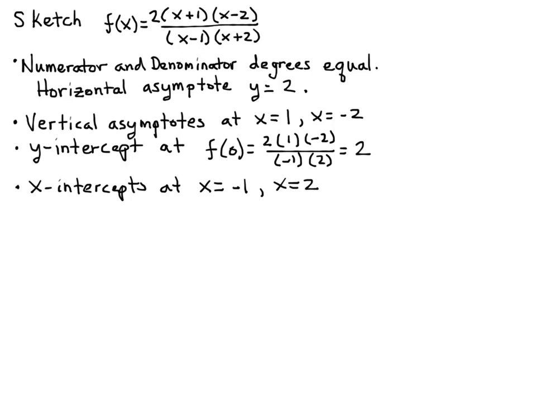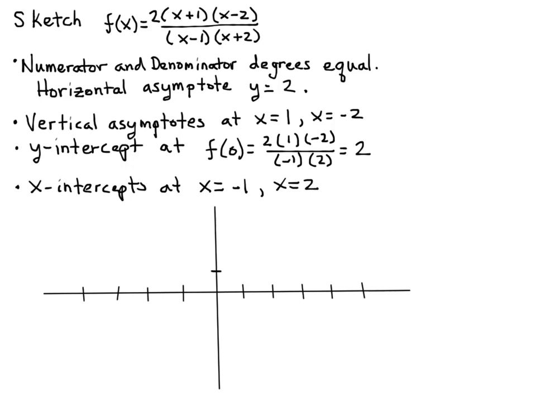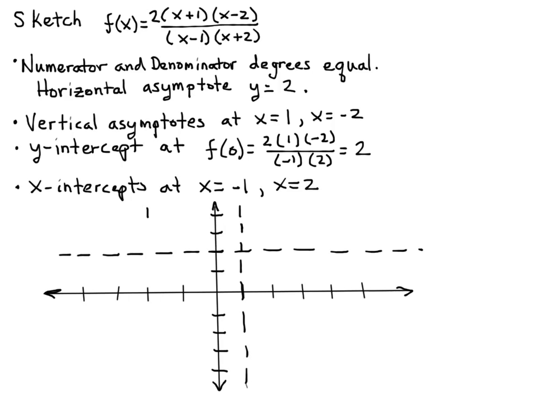Okay, so I got lots of information here. So let me start sketching it out. Because this is kind of compressed, I'm not putting the numbers, but when you're sketching graphs, I would like you to label your axes because you might occasionally make this 2, 4, 6, 8 rather than just 1.